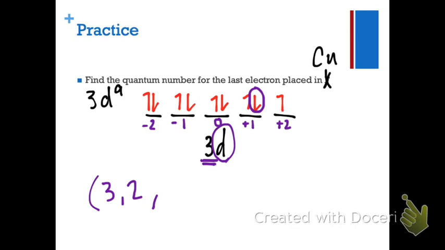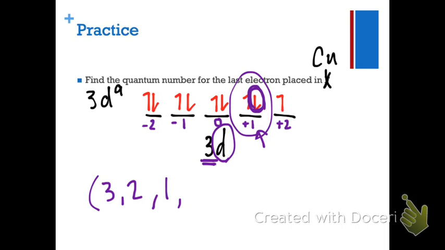The 3rd part of our quantum number tells us which version of the d orbital it's in, which is +1. And then is it the positive electron or the negative electron? Negative.